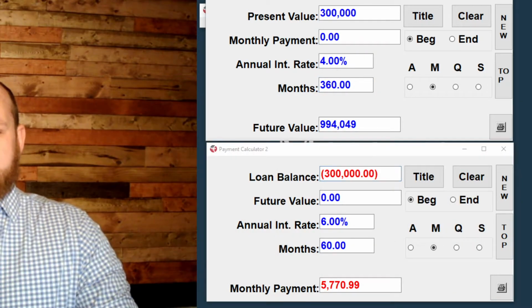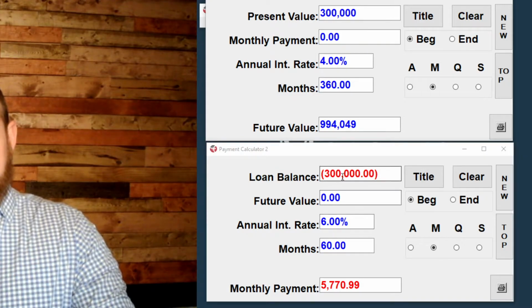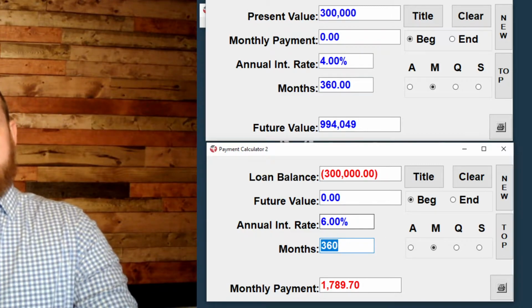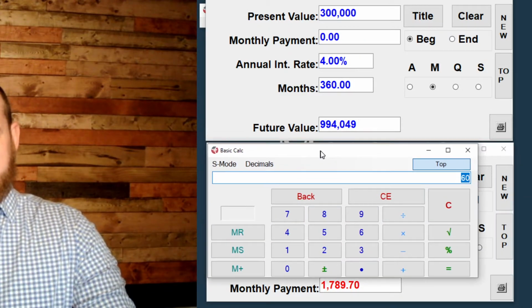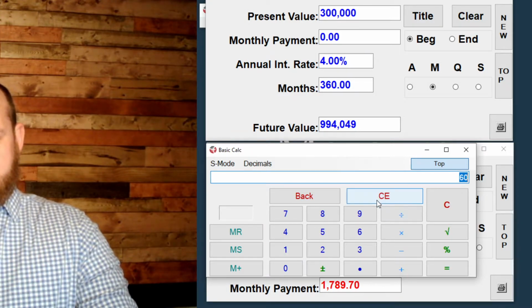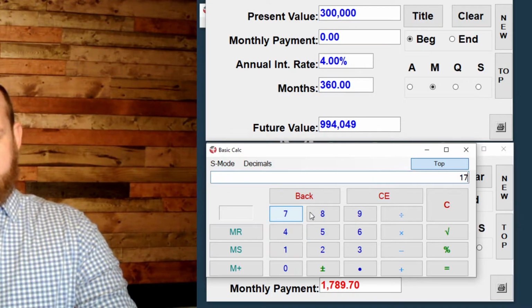Let's do that same calculation down here, and this is now 360. Let's hit that clear button several times so that we don't have that same problem.